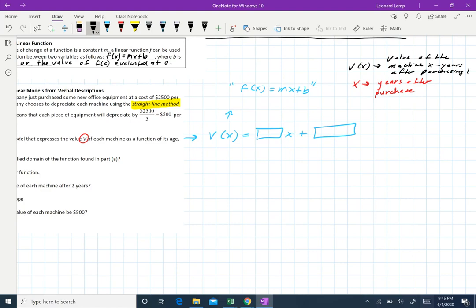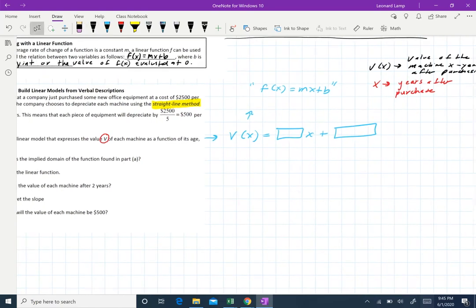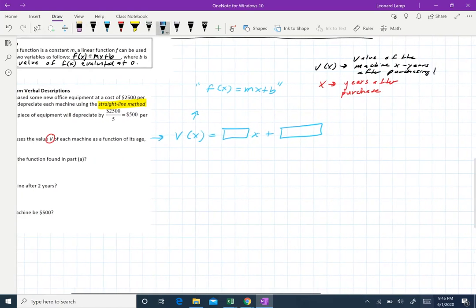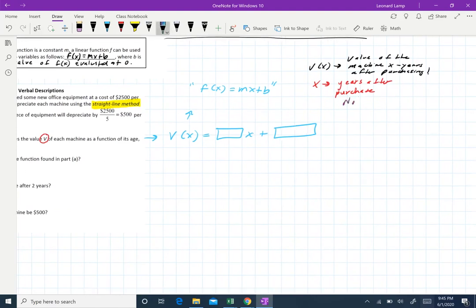One thing to realize as we develop this model: if you substitute in 0 for X, that's 0 years, which means you just purchased it, so it should be worth 2,500.